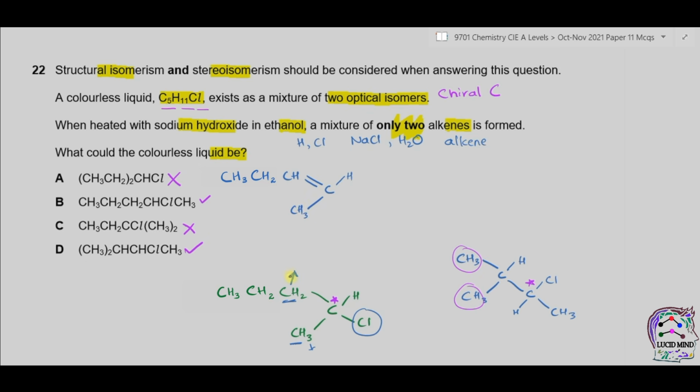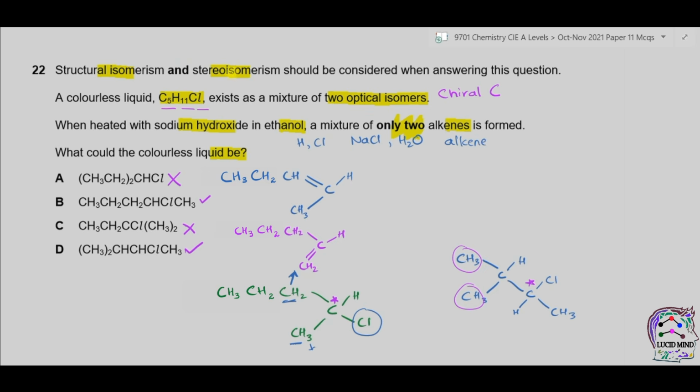This is the first possibility. Or if double bond comes between these two carbon atoms, then the structure will be like this: CH3, CH2, carbon, hydrogen, double bond, CH2. This is the second possibility.